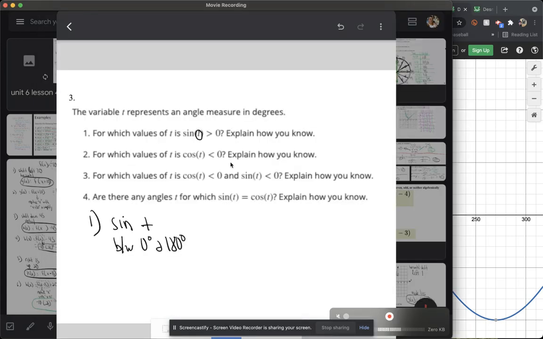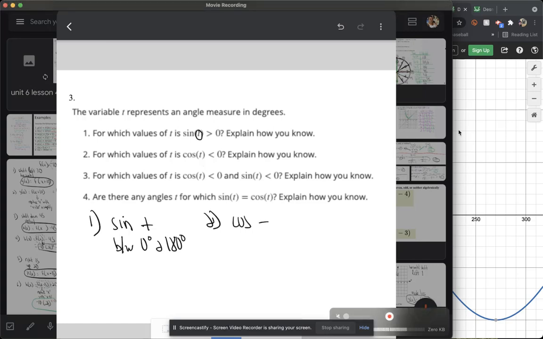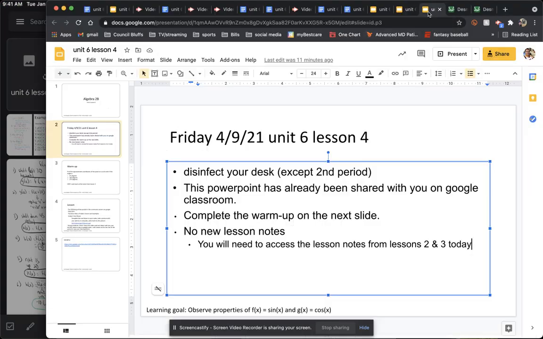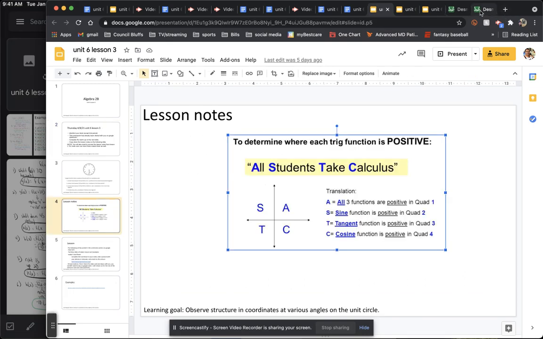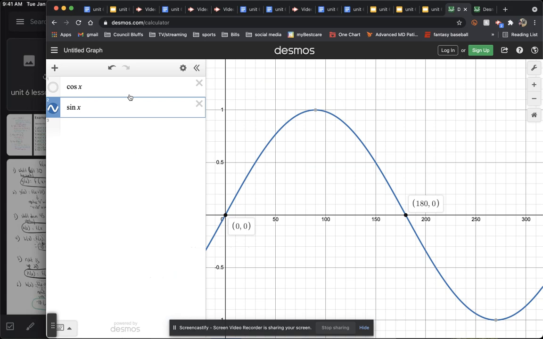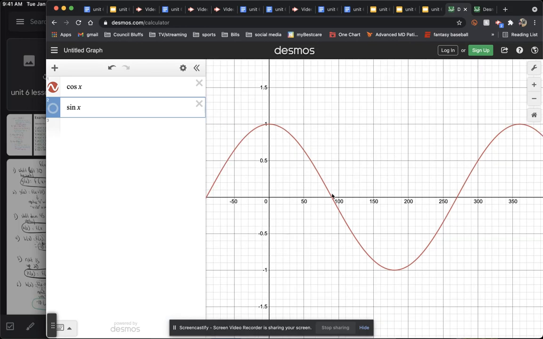Number 2, for which values of t is cosine of t less than 0? So now I'm looking for cosine to be negative. Again, I could look at the notes from lesson 3, or I could go to Desmos and look at the graph of cosine. So where is cosine negative?